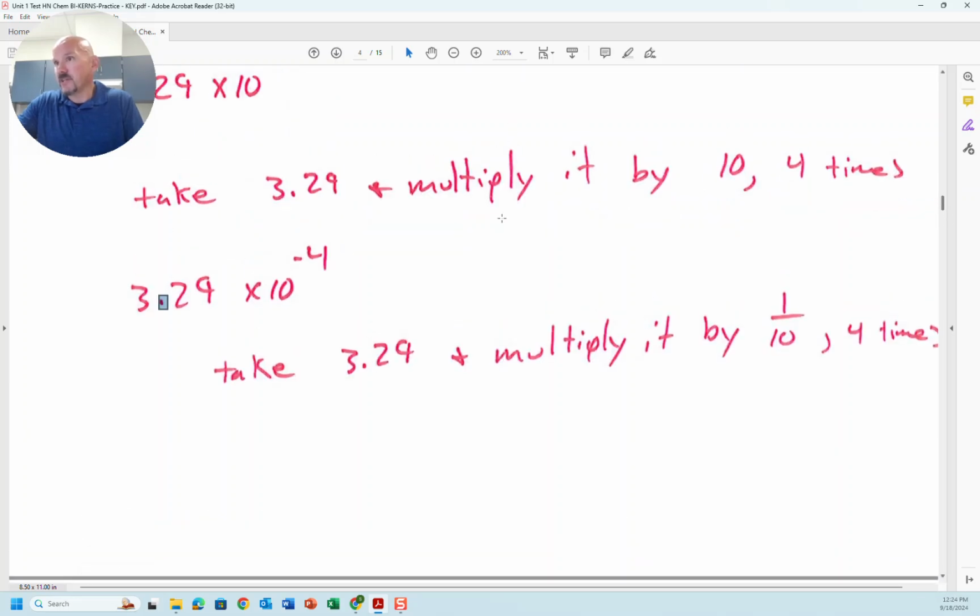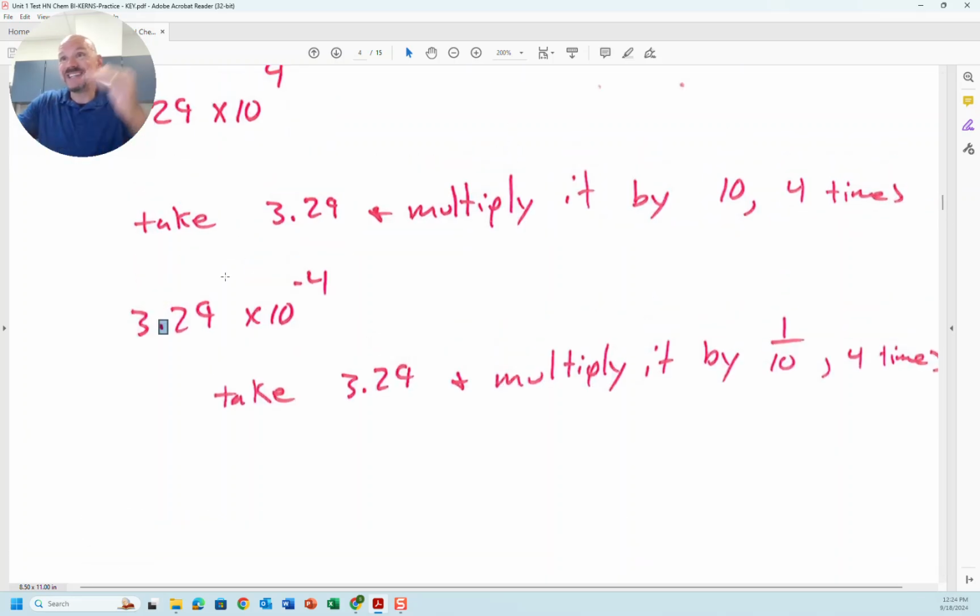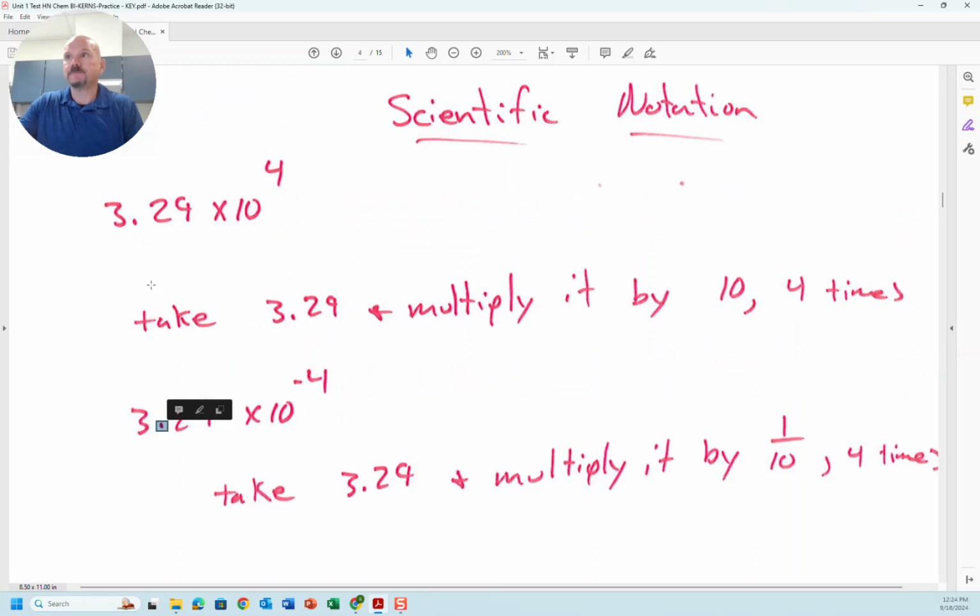Now, proper scientific notation, when you're putting a number into scientific notation properly, there should only be 1 non-zero digit to the left of the decimal. So to get a number from standard notation to scientific notation, you got to move the decimal place so there's only 1 digit to the left of the decimal. Okay?